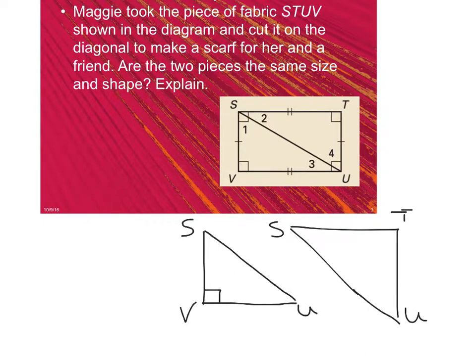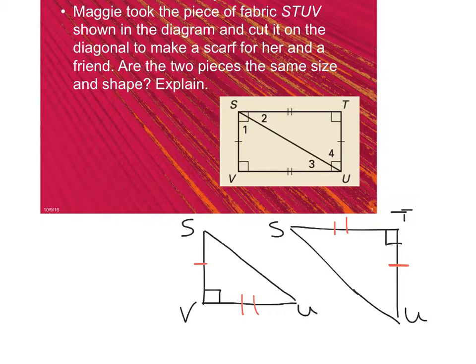And again, I have a right angle here. Now I have some congruency marks. I have SV is congruent to TU, and I also have ST is congruent to UV.